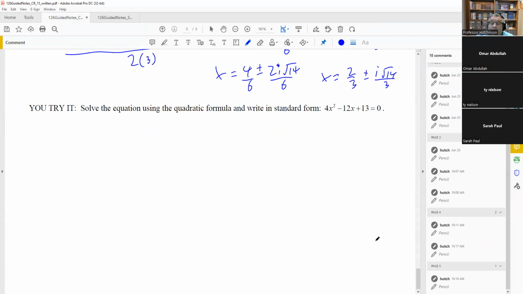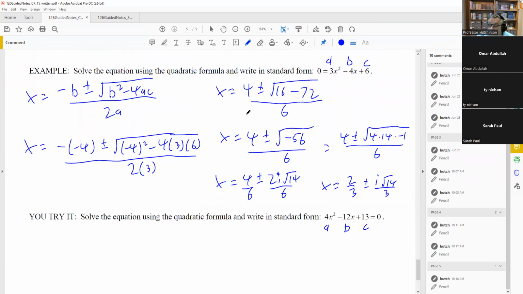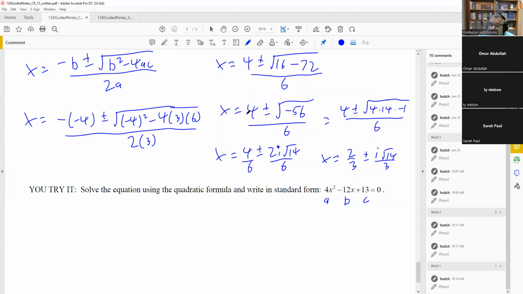Okay, this is the last problem in this section, then we'll go on to 3.3. Again, we've got the A, B, and C on this. So we're going to go back up to the same quadratic formula.